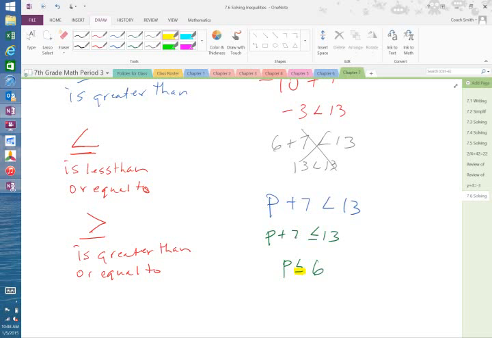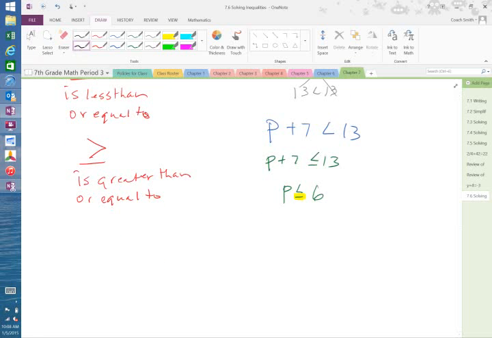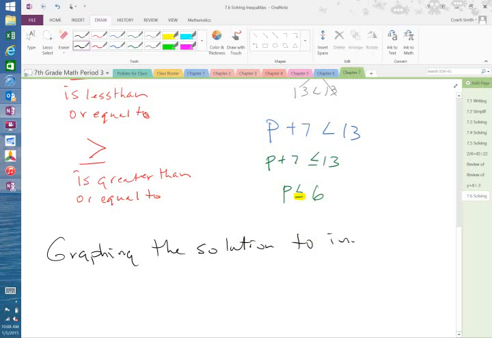Now let's talk about graphing the solution to an inequality.